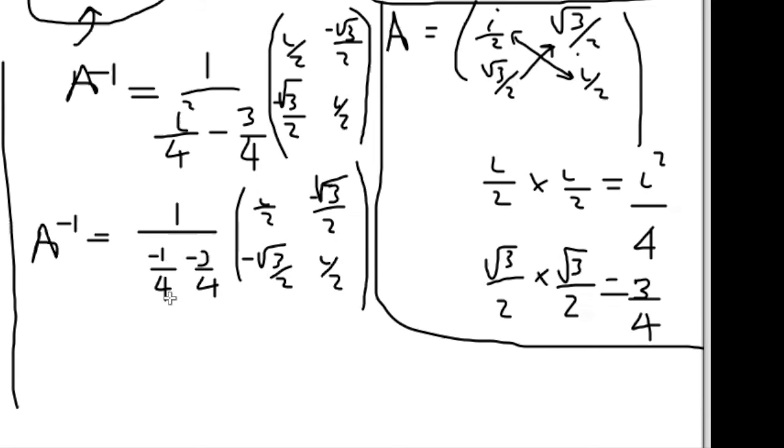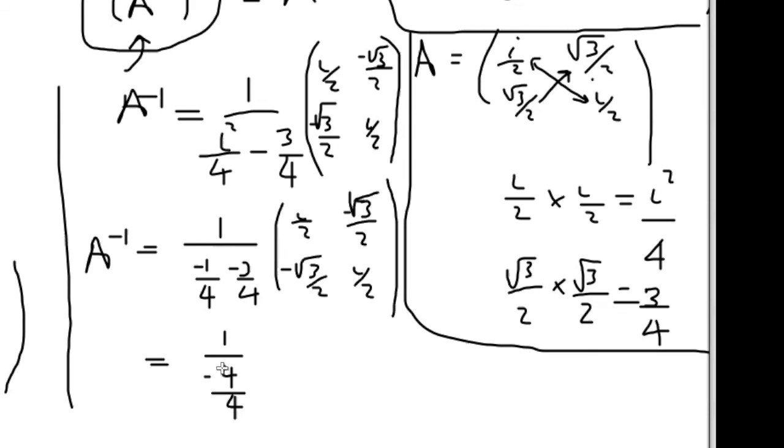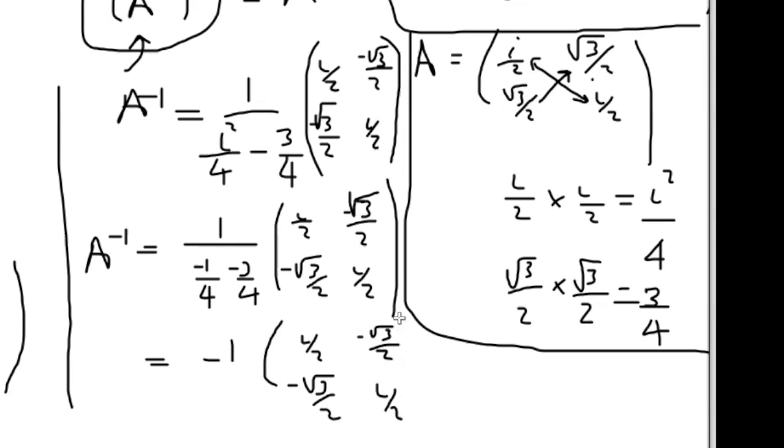Now, minus 1 minus 3, that's negative 4. So I have 1 over negative 4 over 4. This will cancel, so that would be a minus 1, and minus 1 over 1 is the same thing as negative 1. So this part I could just write minus 1, and then i over 2, minus root 3 over 2, minus root 3 over 2, and then i over 2.